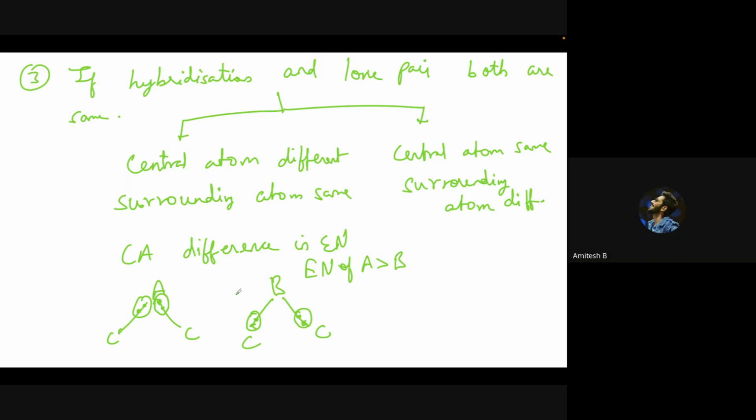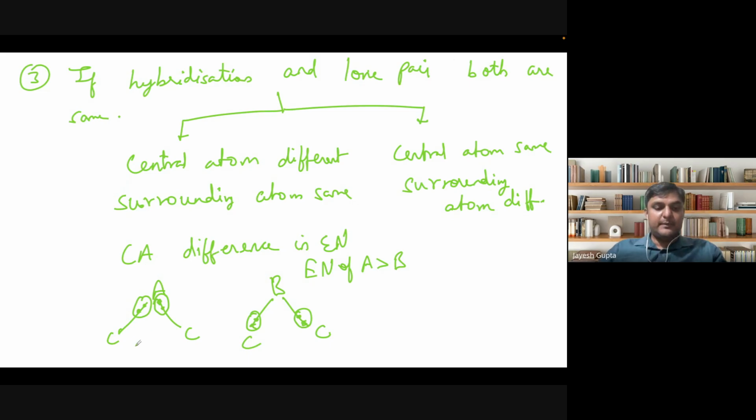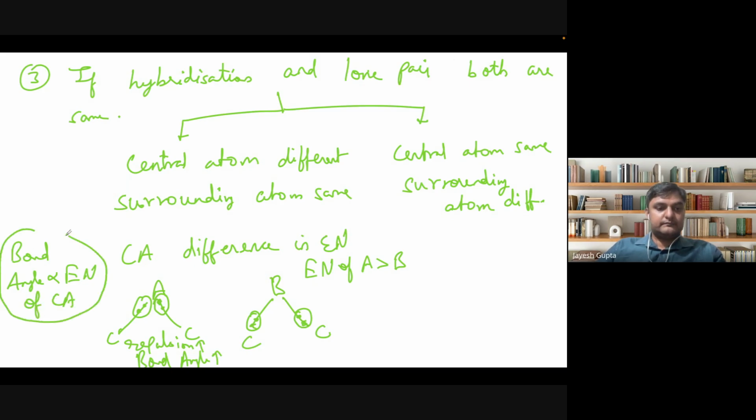Sir, AC. So here the repulsion will be more, so bond angle will be more. So you can say bond angle is directly proportional to EN of the central atom. You just have to see the electronegativity of the central atom. The one having higher electronegativity of the central atom will have higher bond angle.